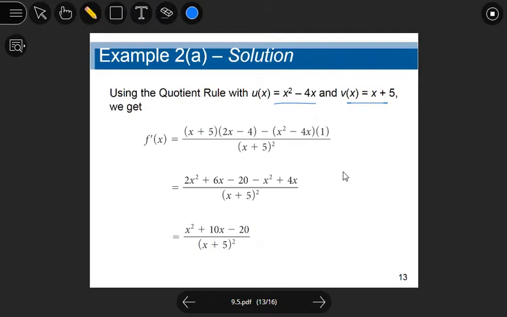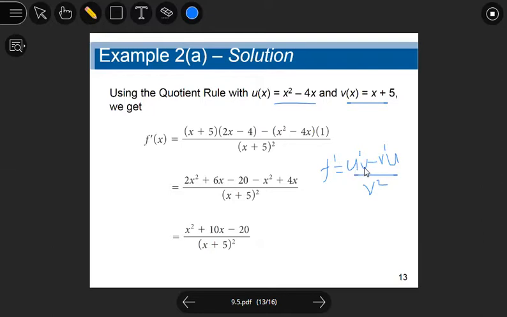So according to our setup, f prime is equal to u prime times v minus v prime times u, divided by the square of v. So we have to find these terms separately.